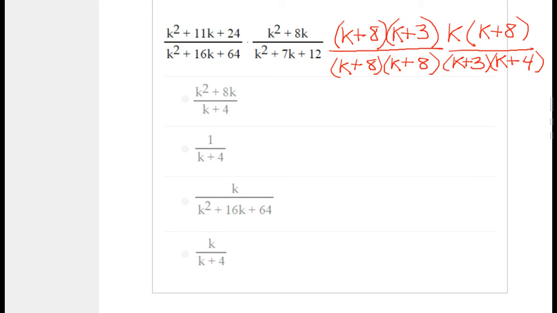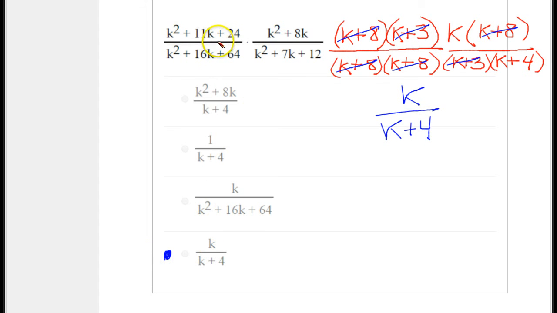Now what I need to do is find my ones. Well, anything divided by itself is 1. So now I'm left with k over k plus 4. K over k plus 4 right there.